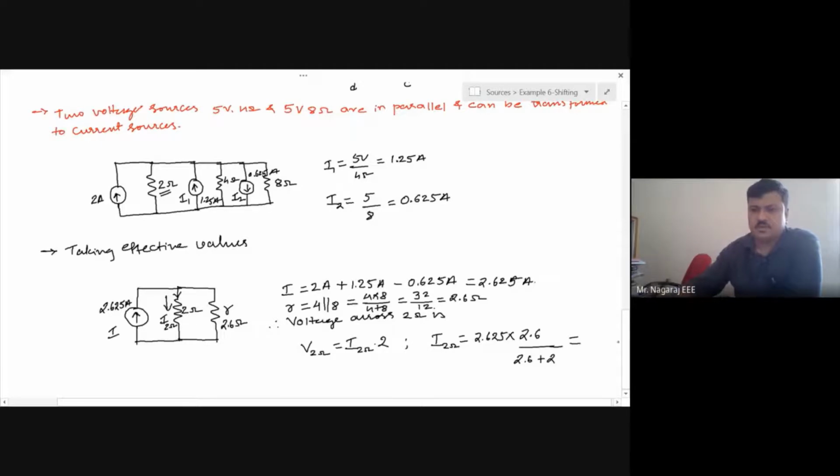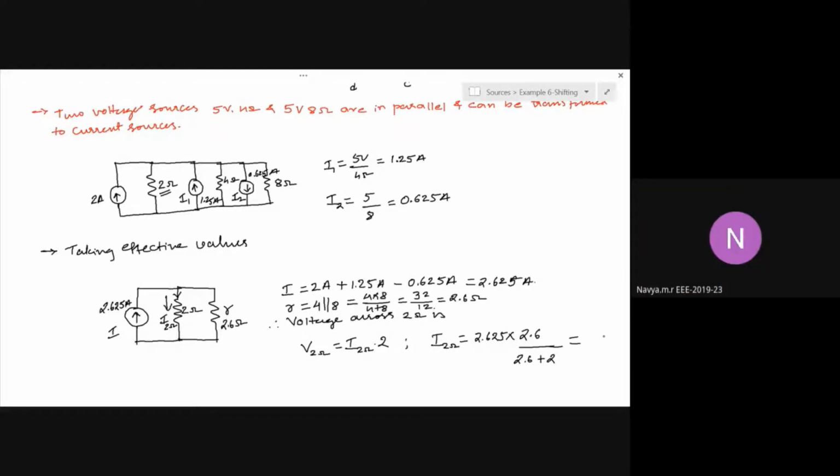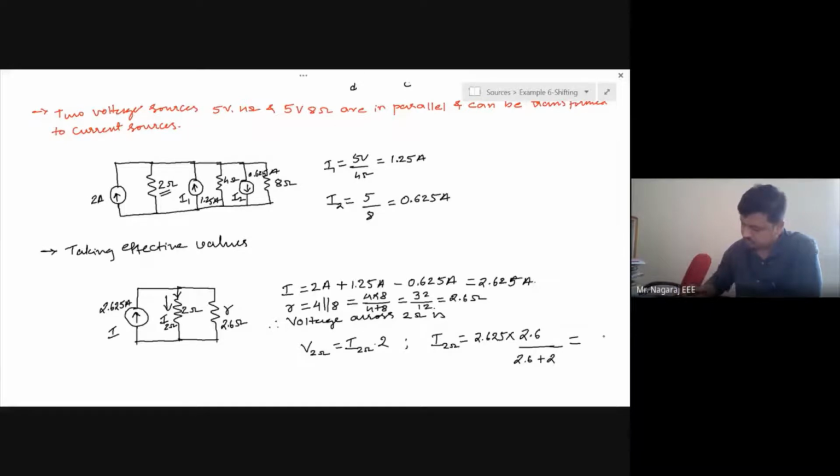Yeah, I2 ohms value. Can anybody tell? No, how come? 1.49 or 1.48? 1.483 amperes.